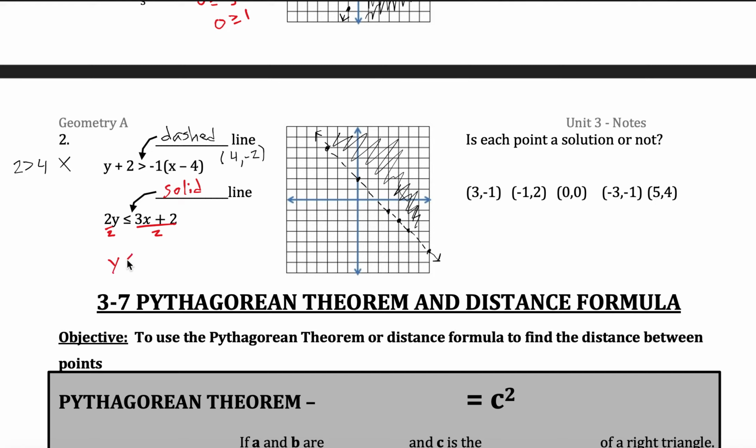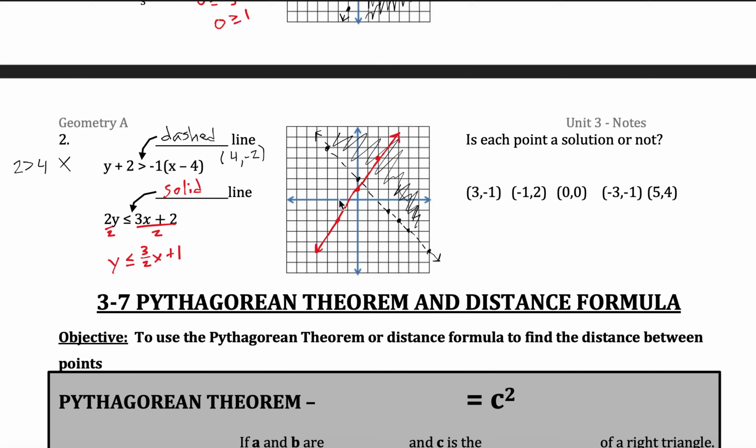So I have y is less than or equal to 3/2 x plus 1. My y-intercept is going to be 0, 1. I can plot that on my graph. Then my slope is 3 over 2, so I'm going to go up 3 to the right 2. I go down 3 to the left 2. And I connect that with a solid line because it was less than or equal to.